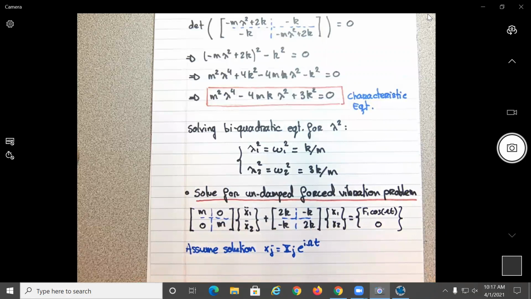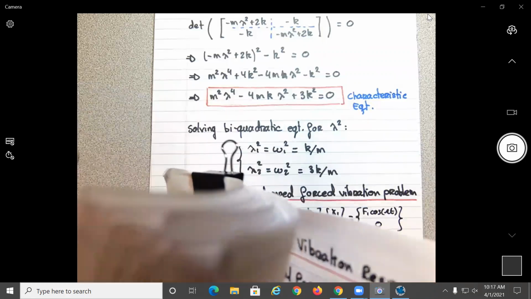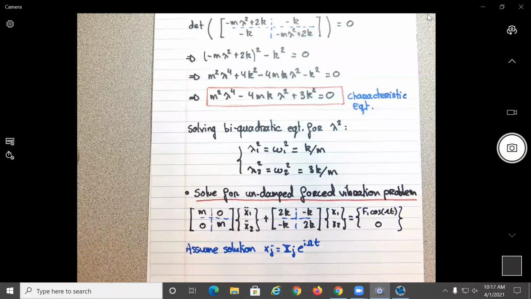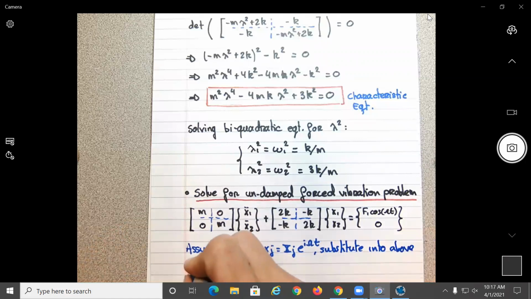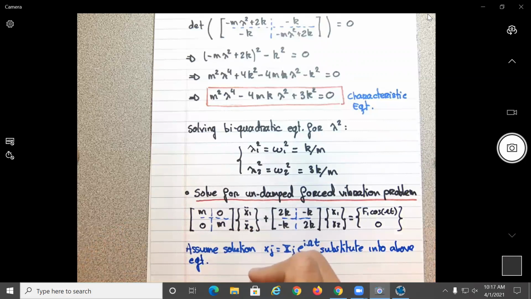All right, let me double check. This is what we used last time. I'm pretty sure it's what we did. Yep. Okay, and then we substitute into the above equation, which is this one. This is not that important, but we have done it many times already. F1 cosine capital omega t will be equal to what?